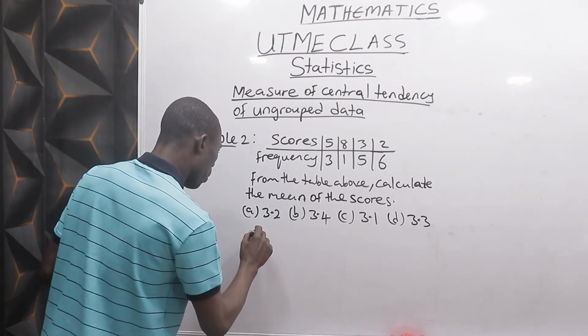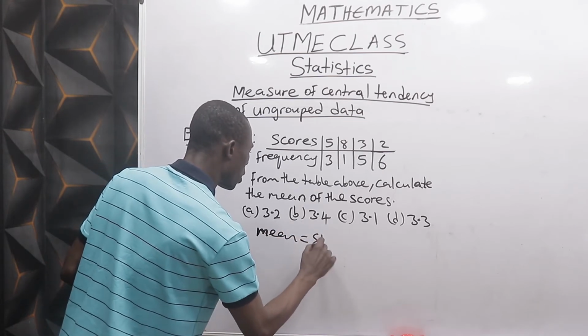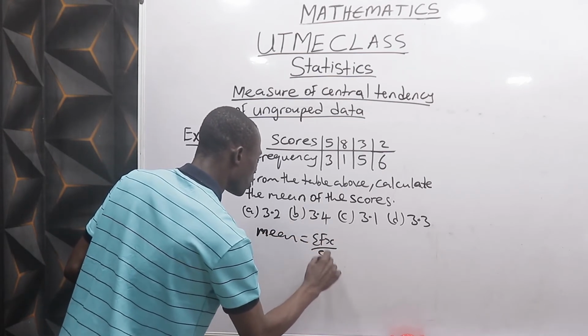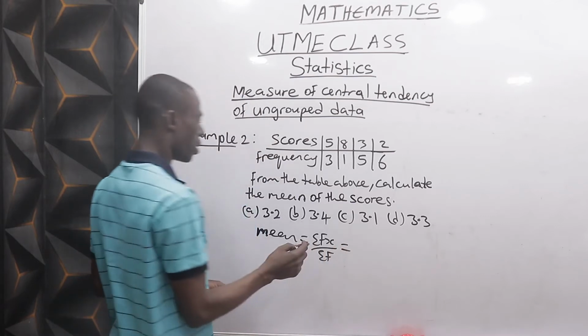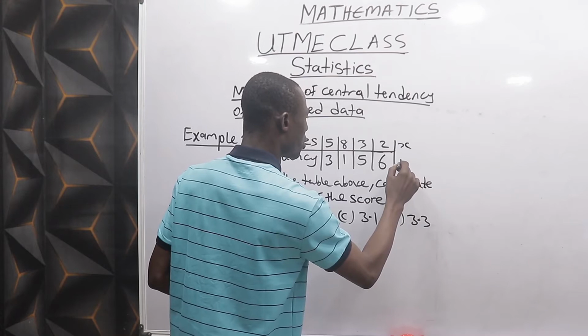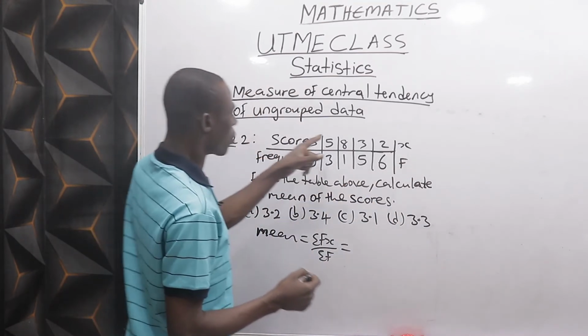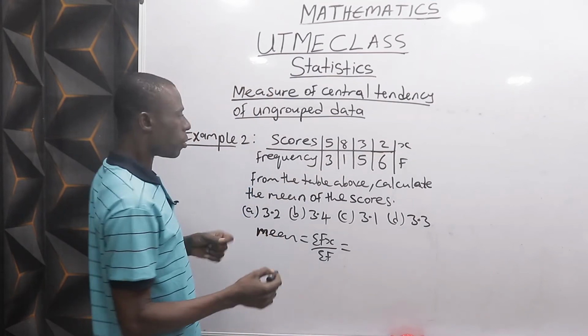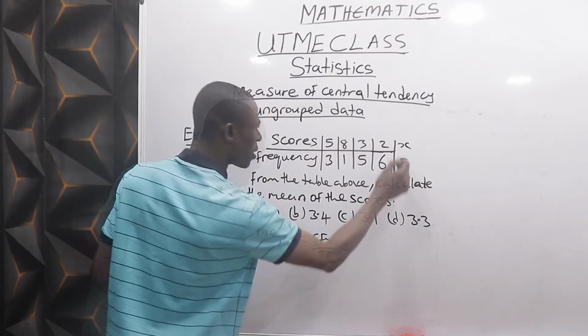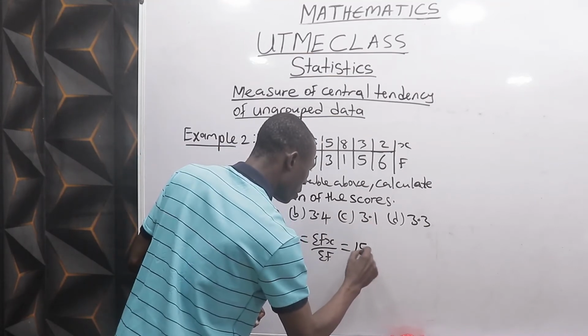And I've told you mean is summation fx over summation f. If this is your x and this is your f, frequency is your f, and the scores are the x values. So frequency times x means 3 times 5, which is 15.